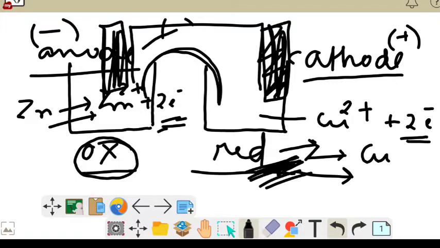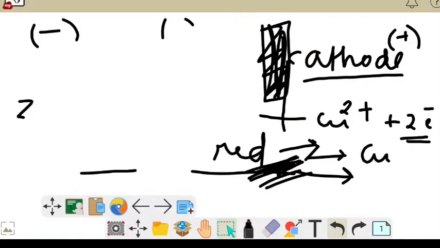This creates the cell potential or potential difference. Is it clear? Because electrons were moving from the anode to the cathode, there will be a difference of potential, a difference of the number of electrons in simple terms. So this is how electromotive force or cell potential is present in a cell. Is it clear?